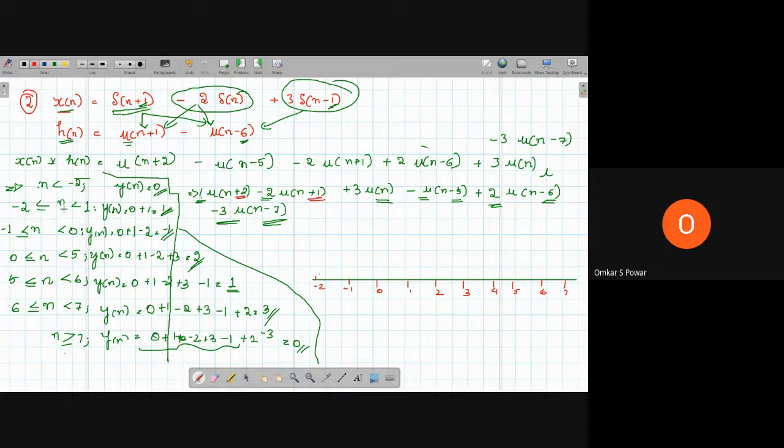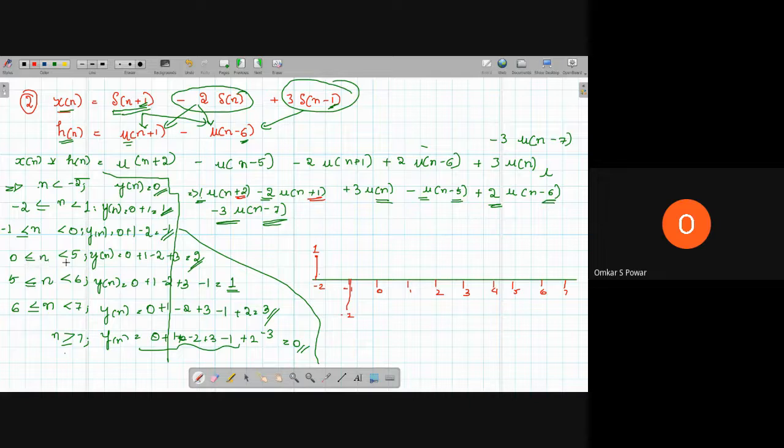So n less than minus 2 is 0, no need to plot. So n varies from minus 2 to 1, what is the value? 1. Next, n varies from minus 1 to 0. What is the value? Minus 1. Okay.